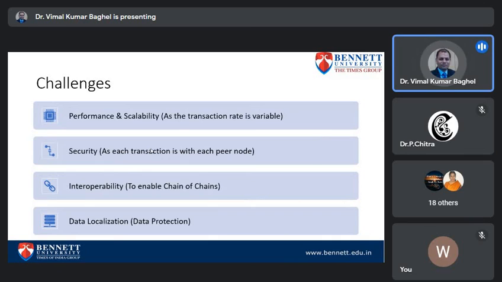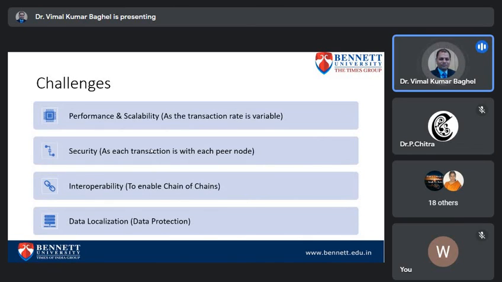So we still have to work on that part, to secure the transaction when it is going from one peer to the other peer for validation.